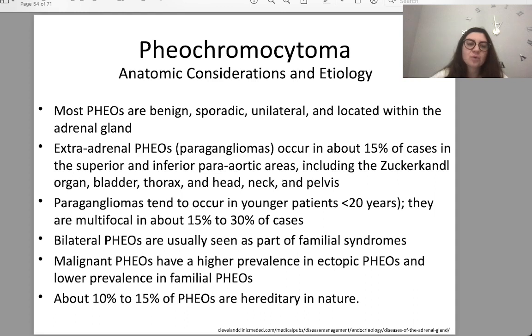They are multifocal in about 15 to 30% of cases. Bilateral pheochromocytomas are usually seen as part of familial syndromes. Malignant pheochromocytomas have a higher prevalence in ectopic pheochromocytomas and lower prevalence in familial pheochromocytomas. About 10% to 15% of pheochromocytomas are hereditary in nature.